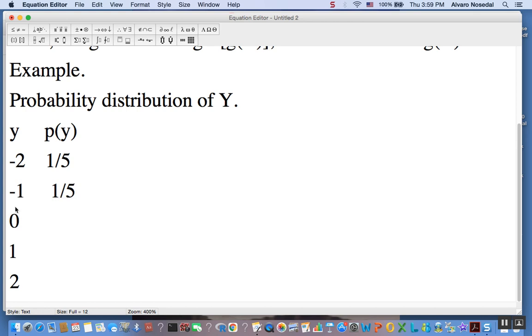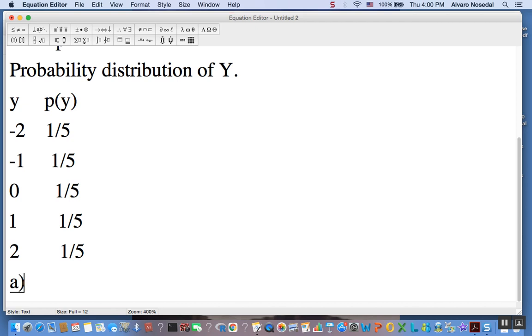Same goes for that possible value. -1 has the same probability of occurring. All these possible values have the same probability of occurring, so these outcomes are equally likely.